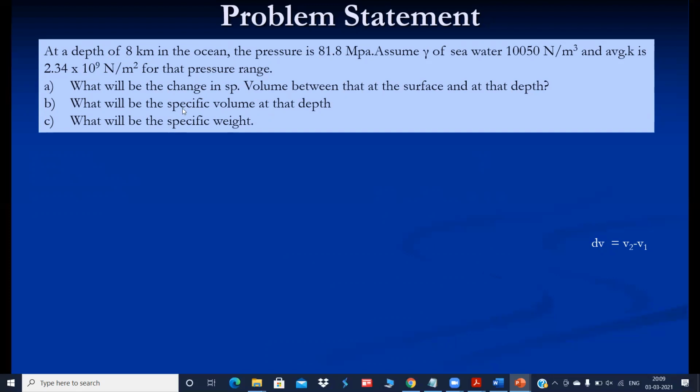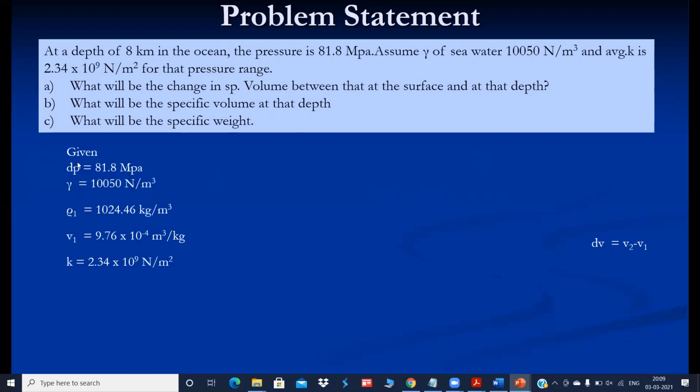In order to calculate the specific weight, you can use the expression in terms of gamma. Two expressions you can use. These are the values given with proper nomenclature: dp and gamma are given, rho1 is given because it is at the free surface, V1 is exactly the reciprocal of the same, and the K value is given.